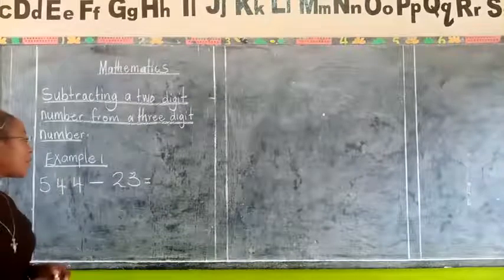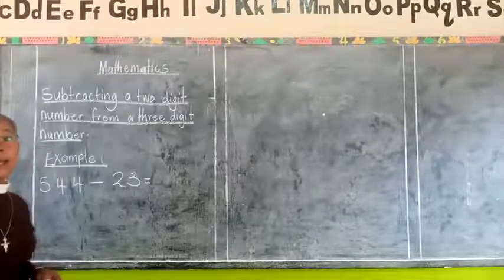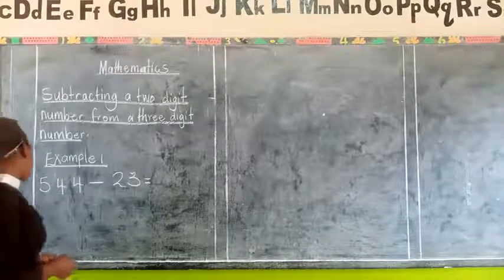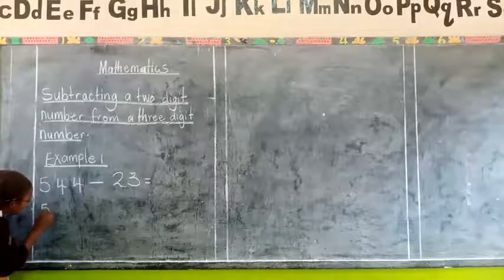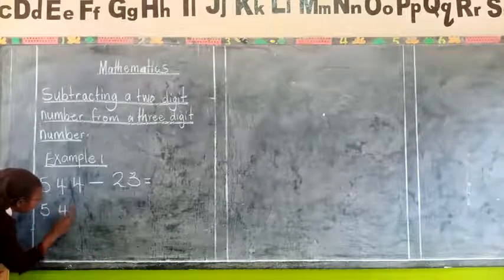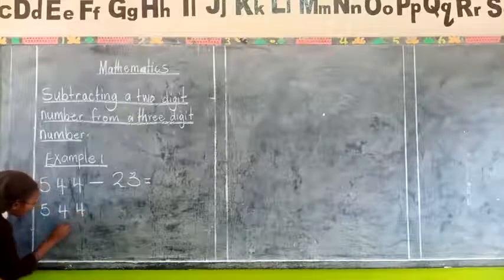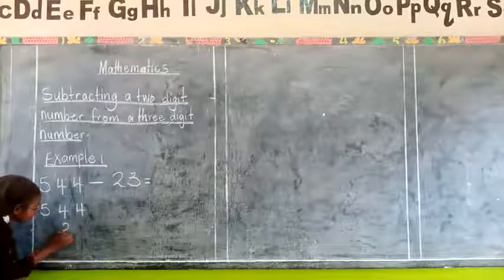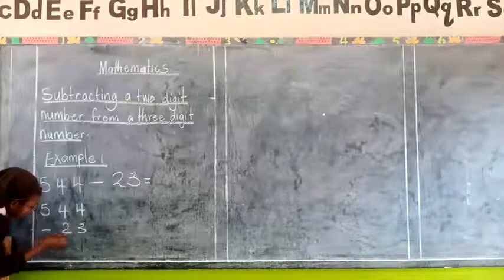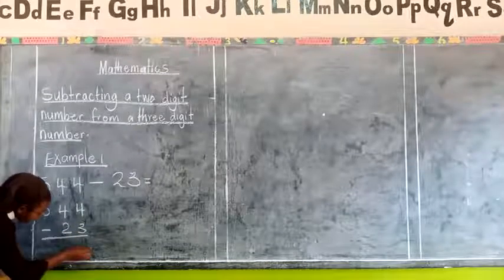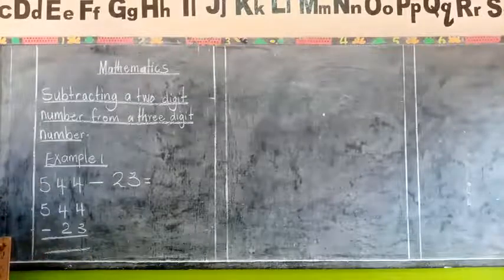arranging the digits according to their place value. So we shall write 544 take away 23. We write the minus sign and our equal signs.